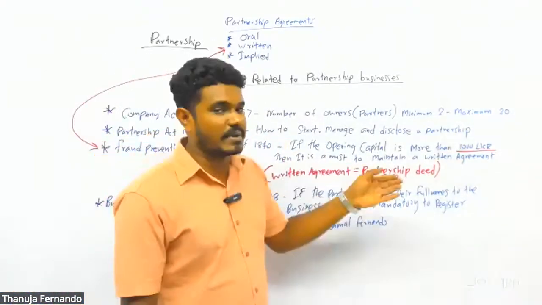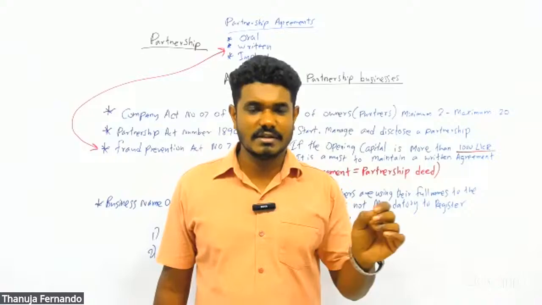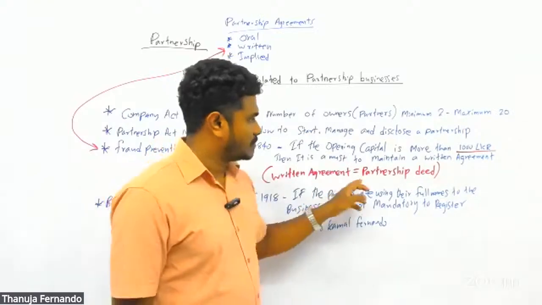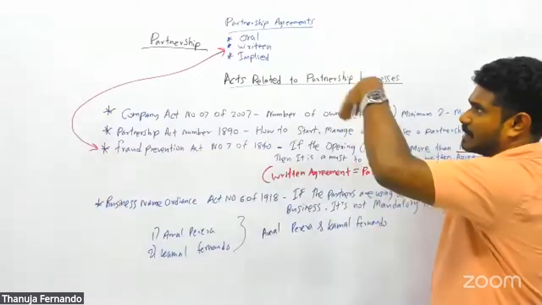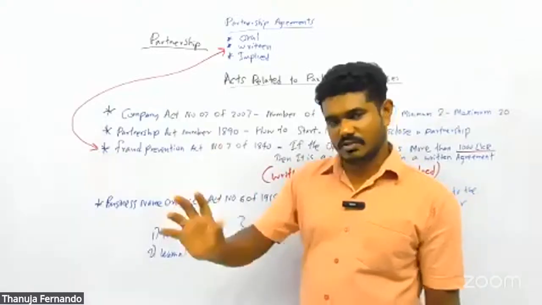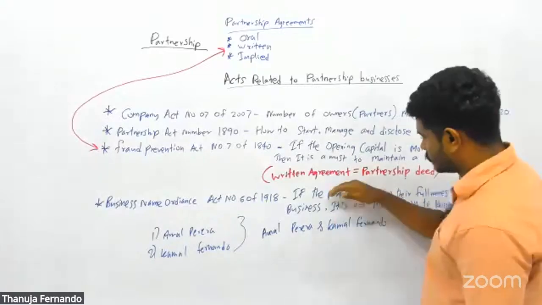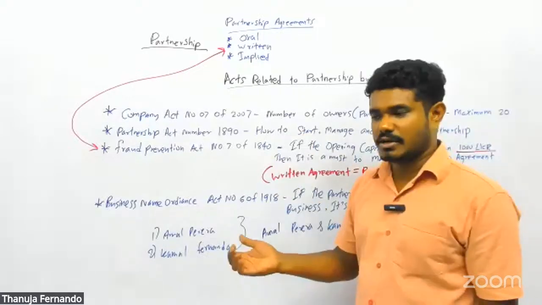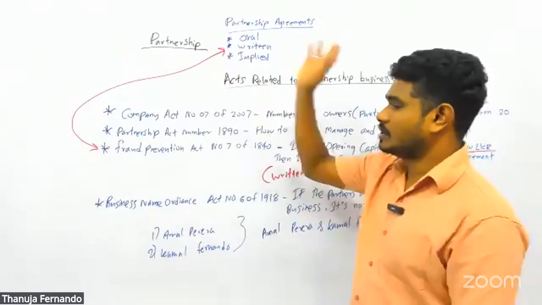That written agreement, the agreement I told you before, in which we have written all the terms and conditions and signed, we can call a partnership deed. So both are the same. If the collective investment of the partners is more than 1,000 rupees, then it is a must to maintain a written agreement.